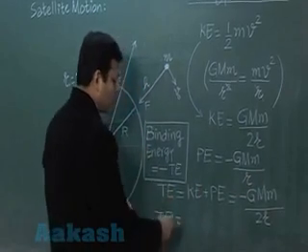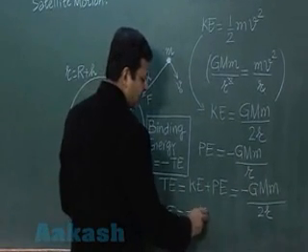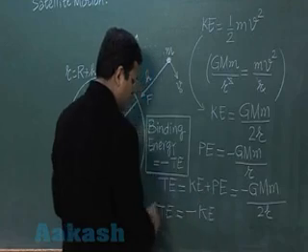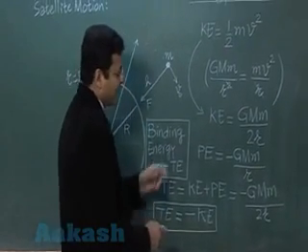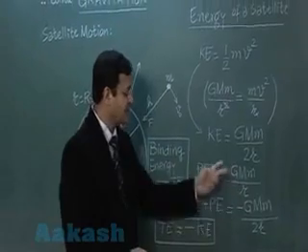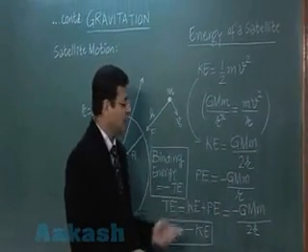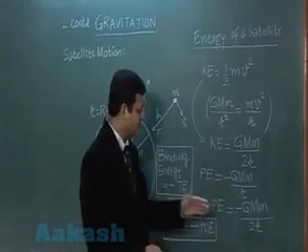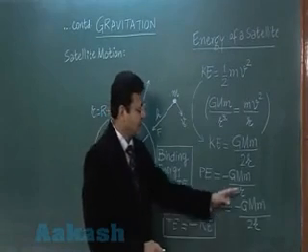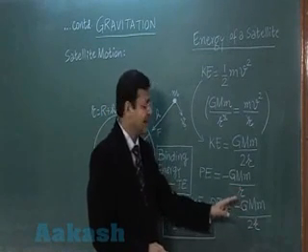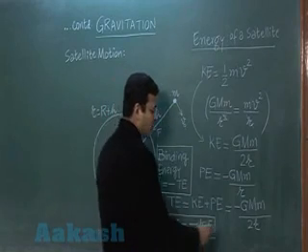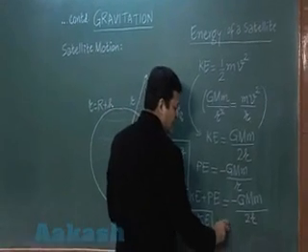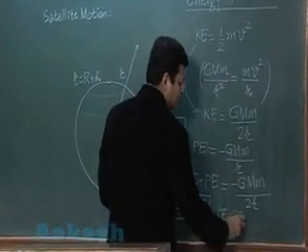That means total energy is the negative of kinetic energy. This is the first thing you should remember. And second thing, if you compare potential energy with the total energy, then you will find that if you multiply the total energy expression by 2, then this will become the expression of potential energy. So you can say potential energy is twice the total energy.